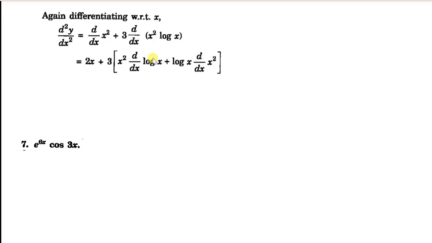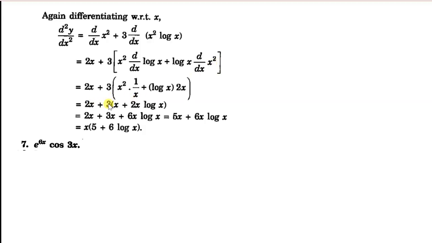Now the derivative of log x is 1 by x, and the derivative of x square is 2x. So we get 2x plus 3 multiplied by x plus 2x log x. So these first two terms are like terms, we can add them. So we get 5x plus 6x log x. x can be taken common.